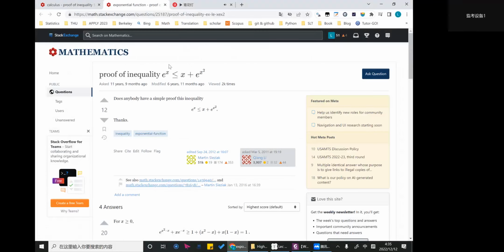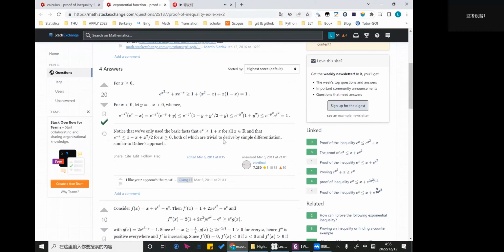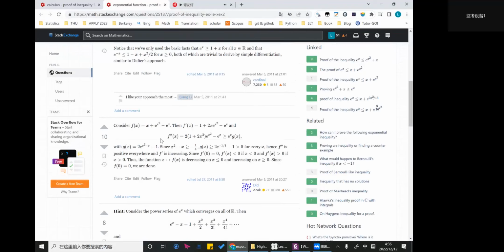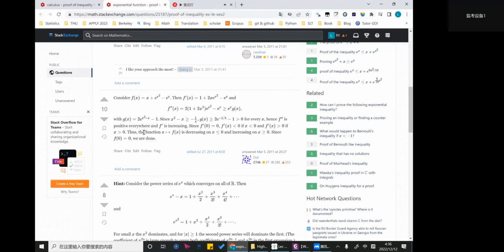So the proof of this inequality is somewhat easier because you can directly use this fact and this fact, or you can prove this inequality by standard tools, like finding the first order and second order derivatives, and then some calculus calculation.